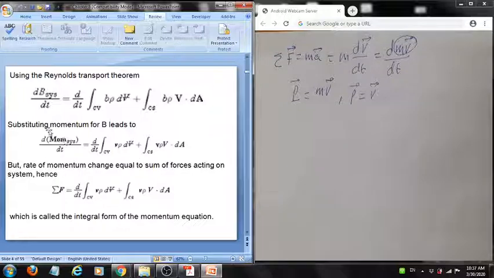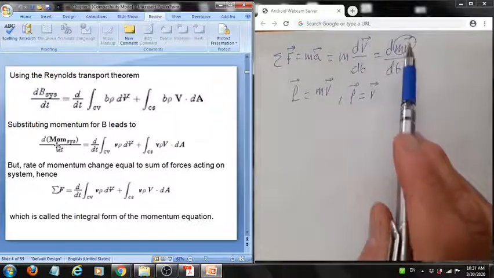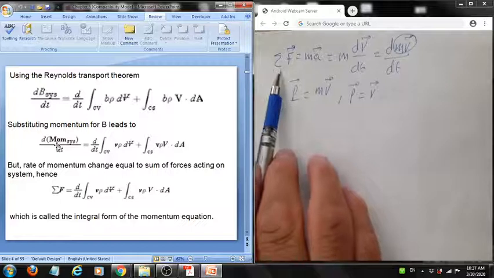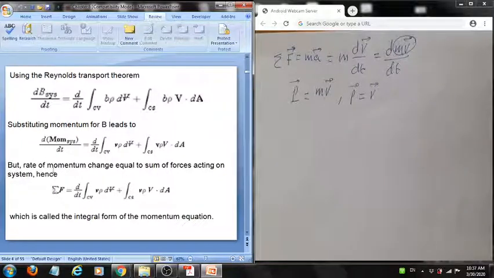But then again, we recognize that this term is actually equal to the summation of forces, so we drop it and use instead the summation of forces equal to the time rate of change of linear momentum inside the control volume plus the rate of momentum leaving the control surface of the control volume.